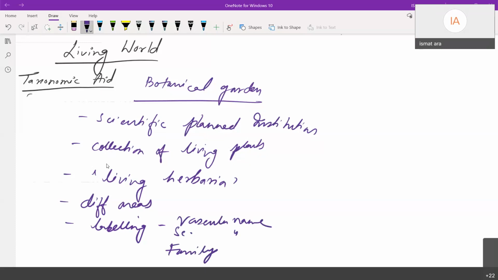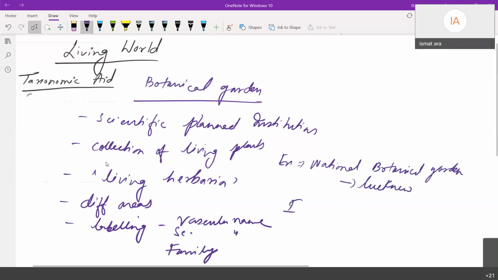Take one example of botanical garden, that is National Botanical Garden. It's located at Lucknow. Then Indian Botanical Garden, Howrah. It's in Calcutta.